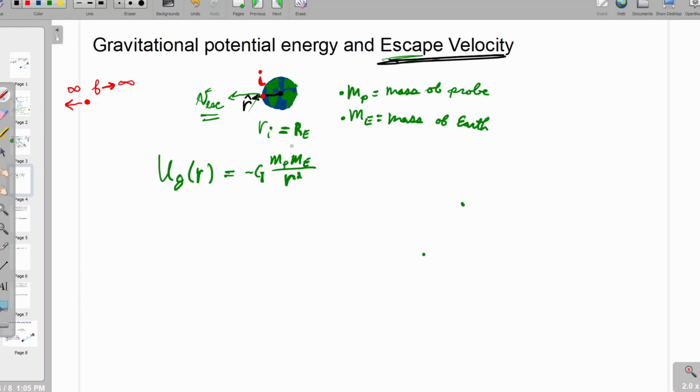The initial radius at this location is going to be the radius of the Earth. And what we need, in our conservation of energy equation, is an initial kinetic energy great enough such that the initial kinetic energy plus the initial potential energy equals enough energy to escape the gravitational pull.